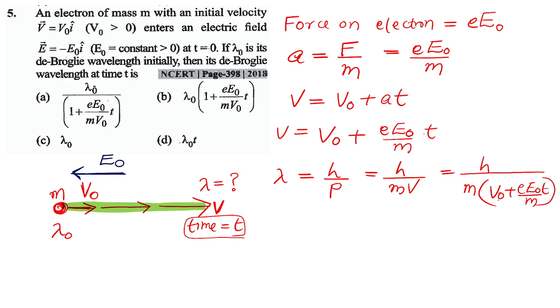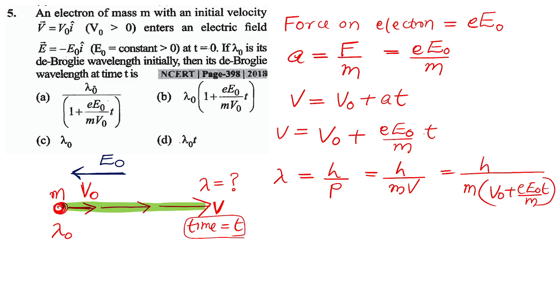So I got lambda, but there is no such option. We have to express the answer in terms of lambda 0. All the options contain lambda 0, so I have to reduce it to lambda 0.